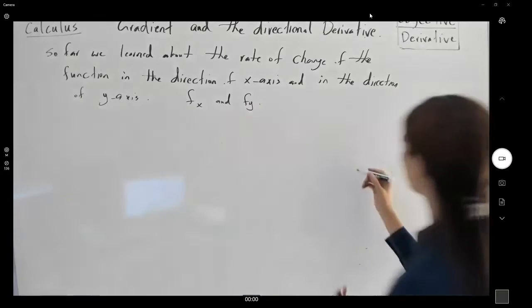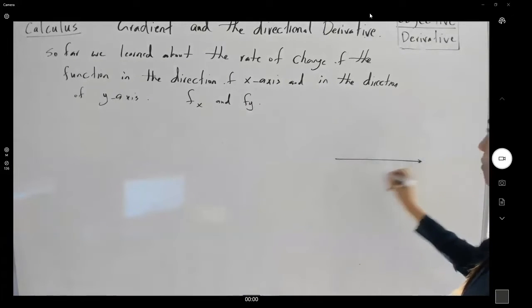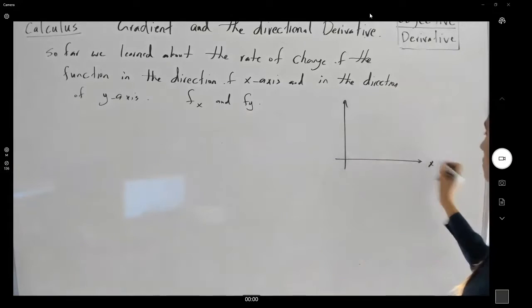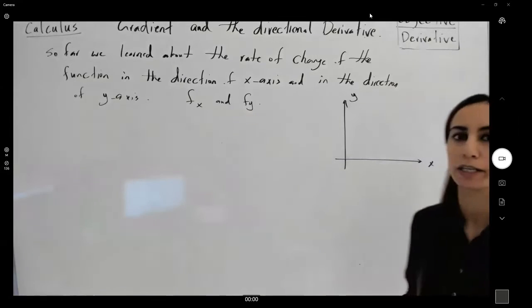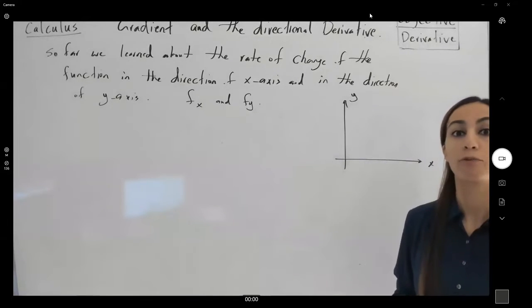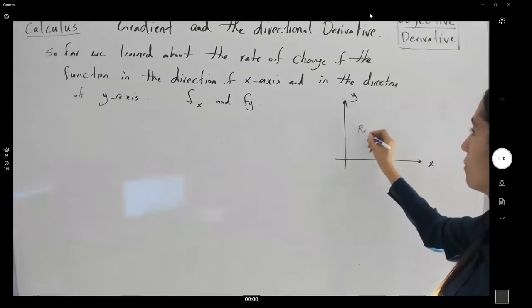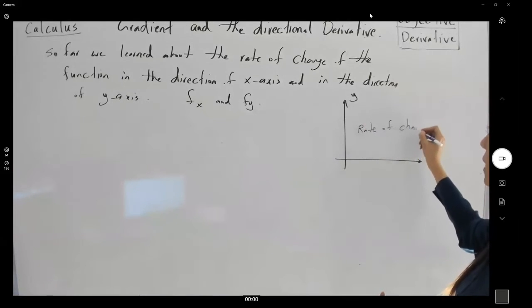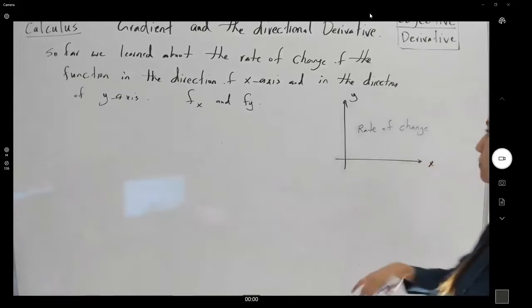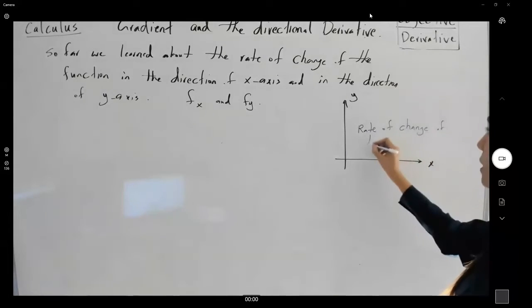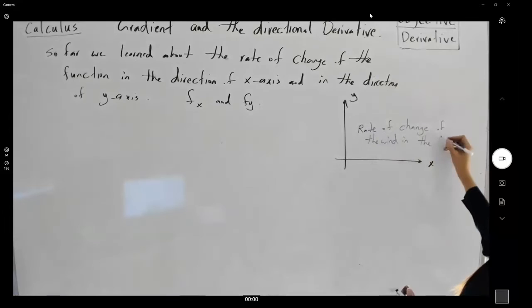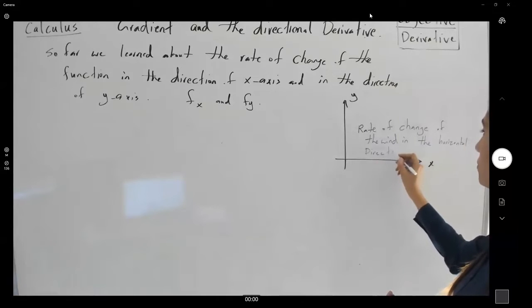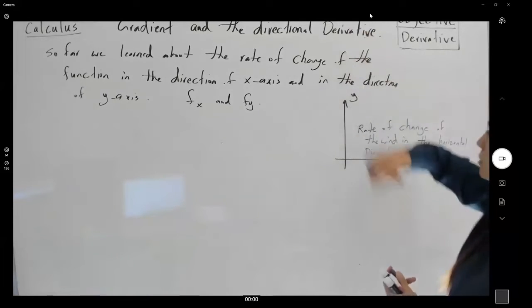It means that suppose you are walking on a mountain and you're interested in knowing the rate of change of the wind, how the wind is moving, the rate of change of the wind in the horizontal direction, and also in the vertical direction.